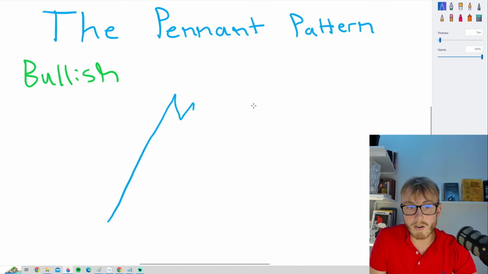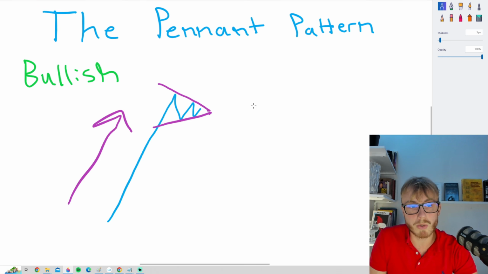But instead of printing lower lows like the bull flag, the pennant will print lower highs, but at the same time higher lows. So the pennant is like a triangle pattern, but it's a very small triangle. So it's a small triangle that we see after a move towards the upside.